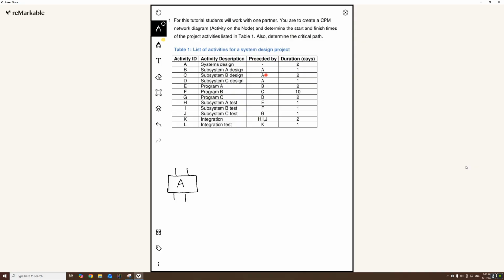So because there's 3 activities that require activity A, therefore I will draw 3 arrows pointing out of the rectangle of activity A. And I will mark them B, C, and D.